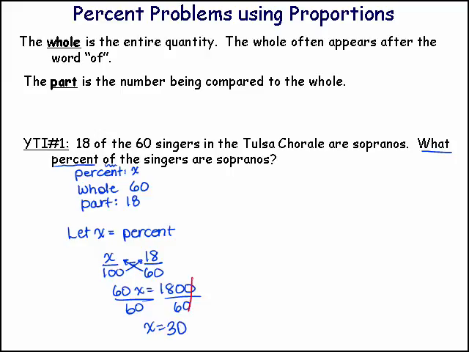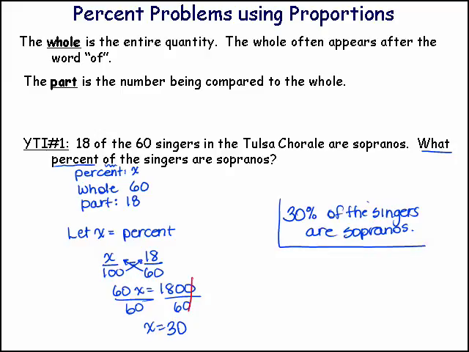So what that tells us is that 30% of the singers are sopranos. Okay, so that's how you would answer the statement.